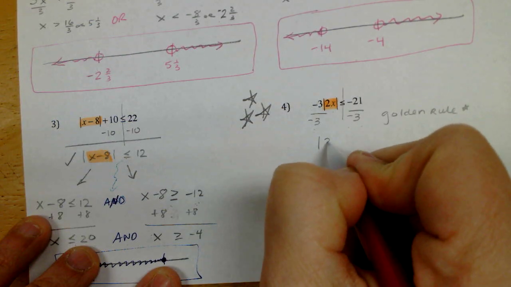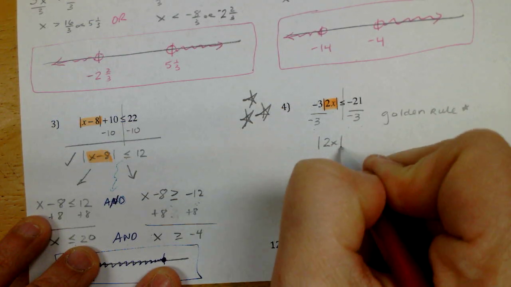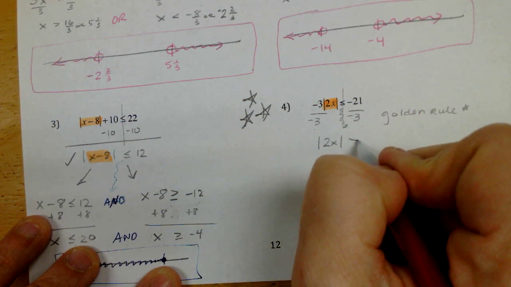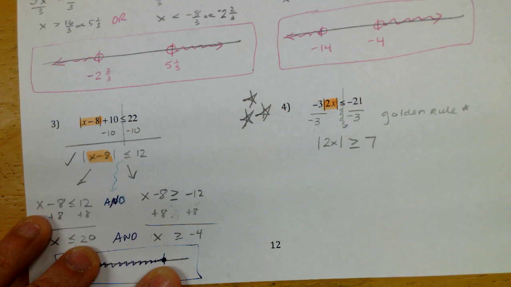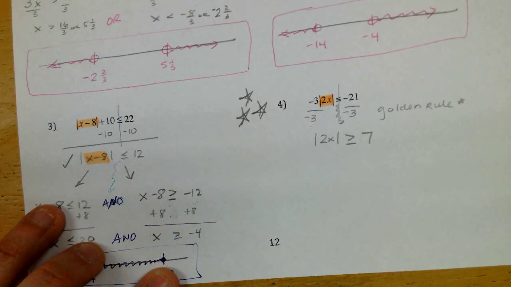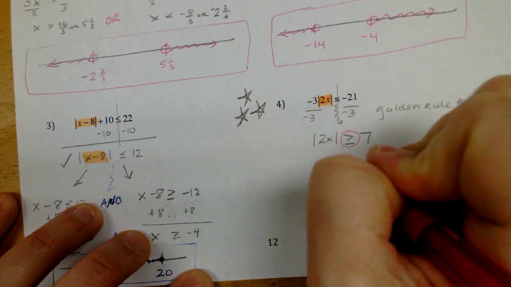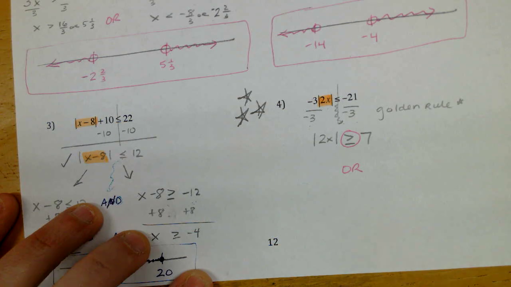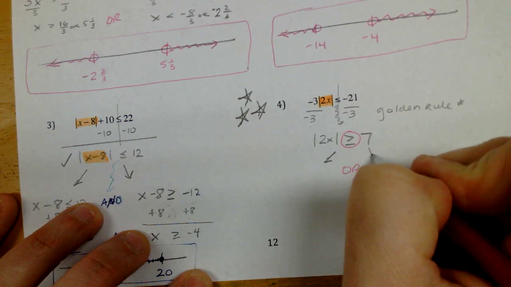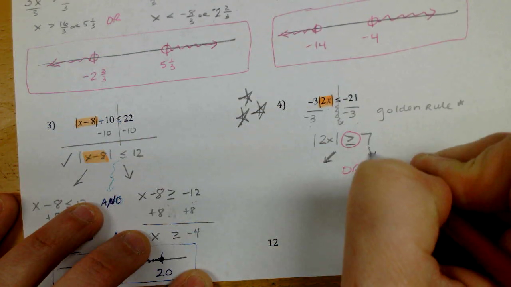So yes, I bring down my 2x, but now my less than or equal to becomes greater than or equal to. This becomes a 7. And now, because this is a greater, that tells me that I'm going to have an or in the middle between my two separate inequalities.